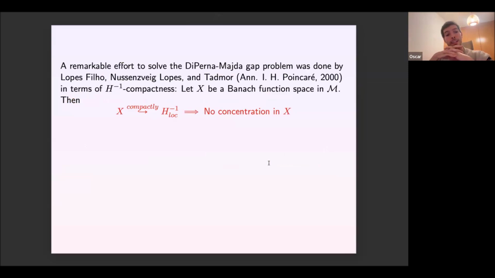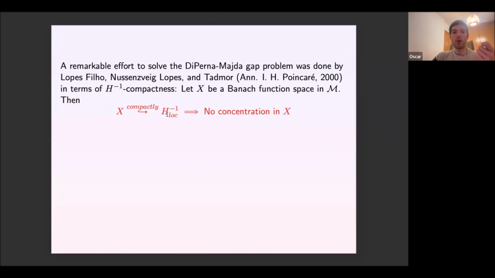To solve the general question, a remarkable effort was done in a very nice paper by Lopes Filho, Nussenzveig Lopes, and Tadmor around 24 years ago. The authors introduced the so-called H^-1 stability. This can be formulated in a very general setting of compact embeddings of general Banach function spaces followed by measures into H^-1.